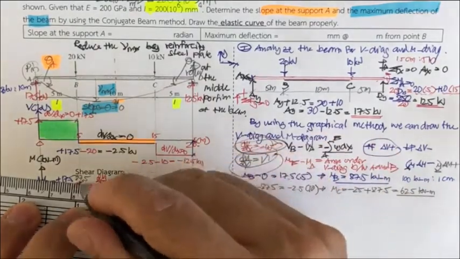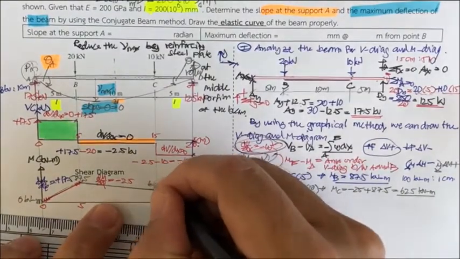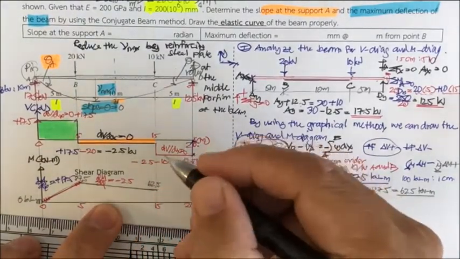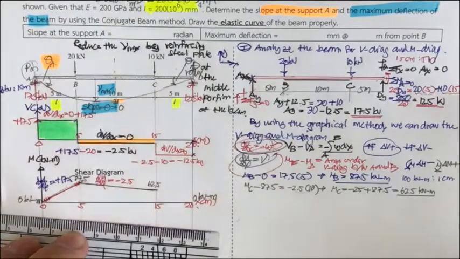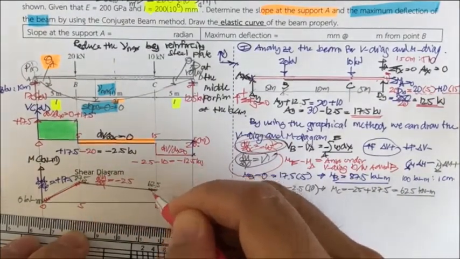Okay, and now this is going to be 62.5, and the slope here is going to be minus 2.5.